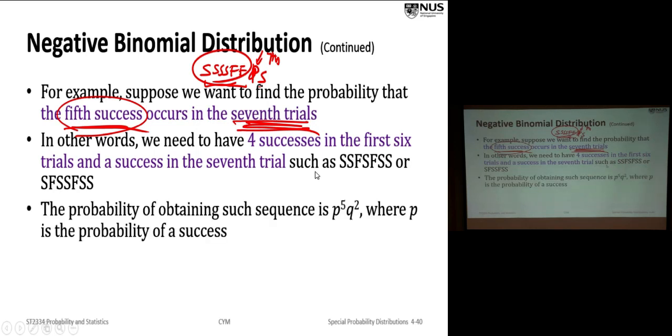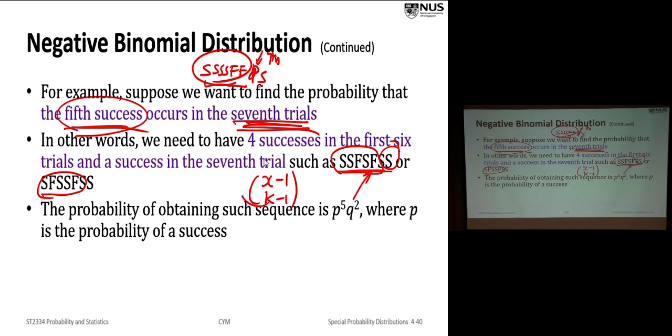So it can be like this, can be like this. All right? So the probability of getting this sequence is p^5 q^2. This one also. So basically, you just count how many sequences will give you something like this, with the 7th being a success. So you just have to permute the X minus 1 trials, with K minus 1 successes among them.